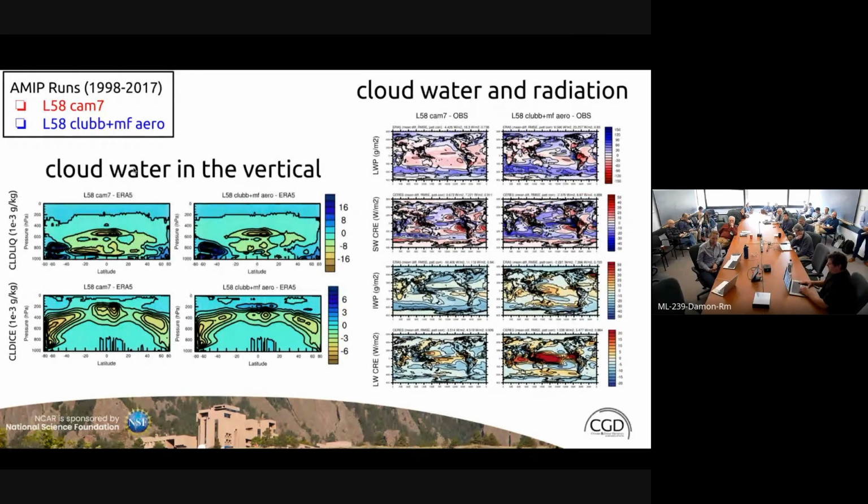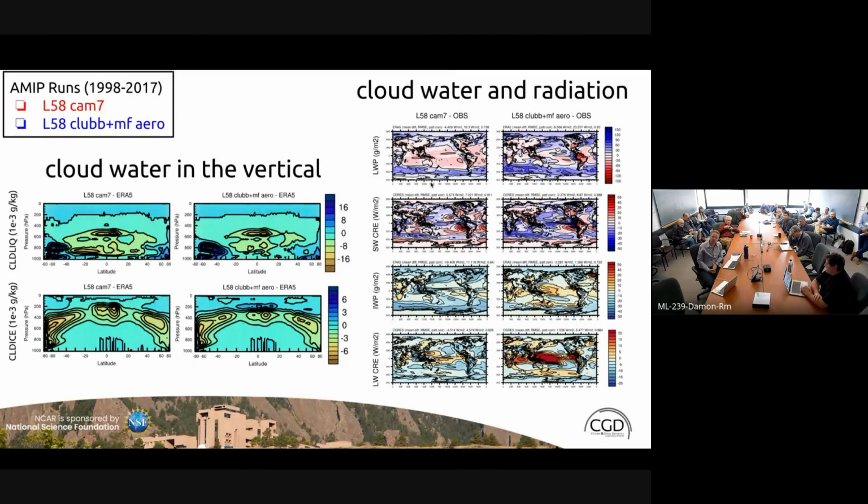So taking a deeper look at the cloud water, we can look in the vertical here. The top row is L58 CAM 7 versus ERA5, and CLUBB-MF Aero versus ERA5. You can see the dry bias relative to ERA5 in the cloud liquid over a lot of the subtropics and the tropics, and once we go to CLUBB-MF Aero, it moistens things up and the biases aren't as bad. But it does over-moisten things in the high latitude regions.